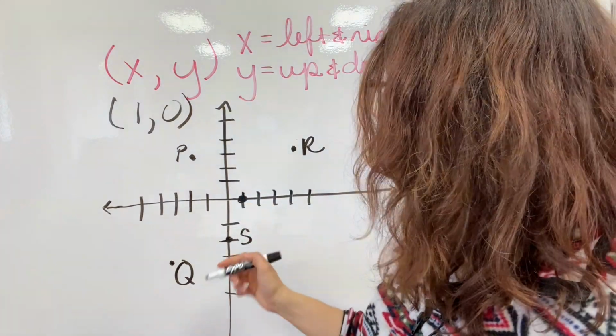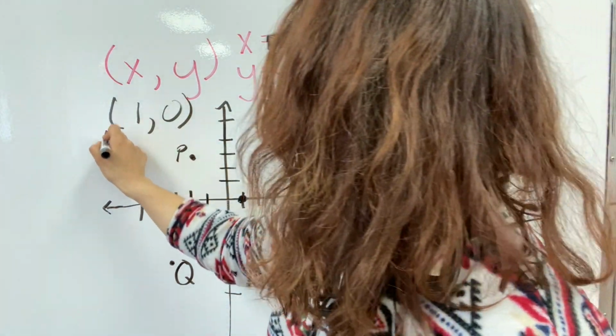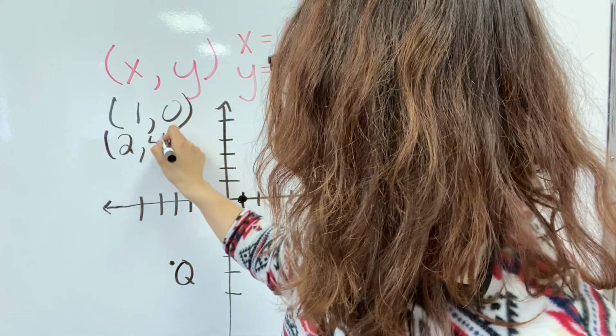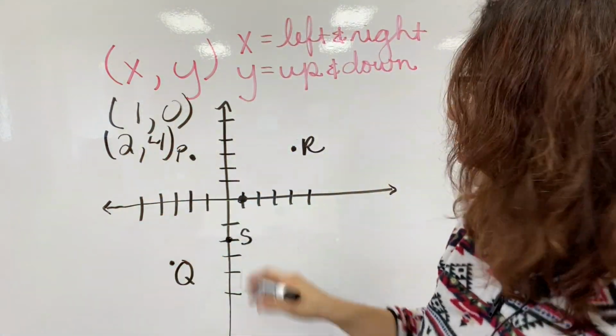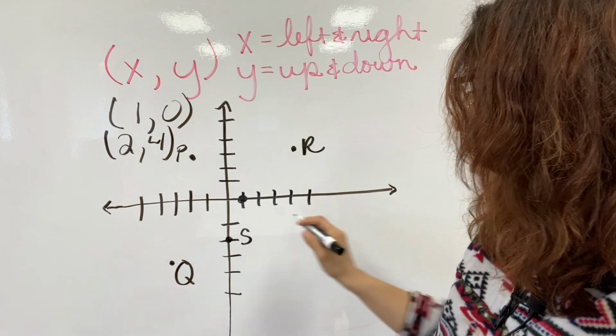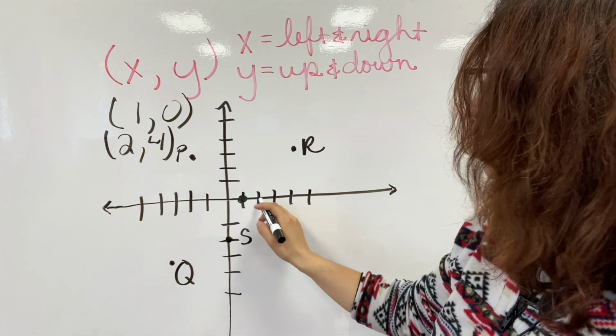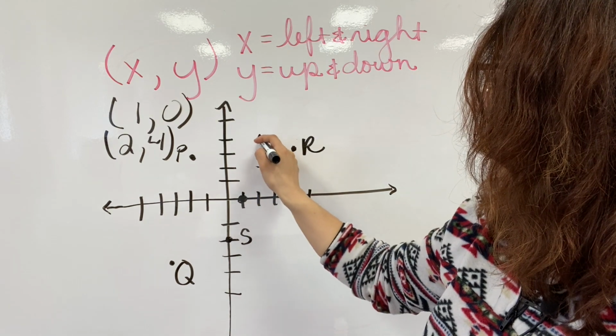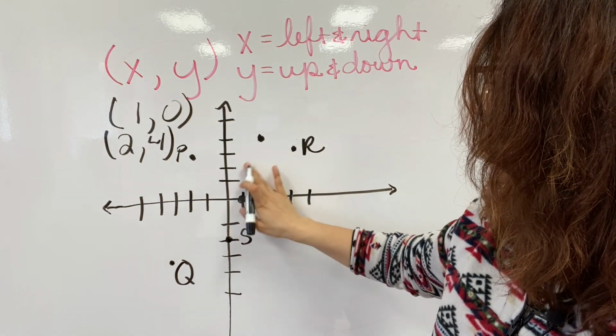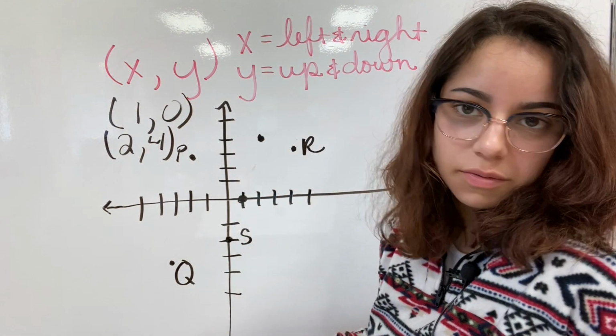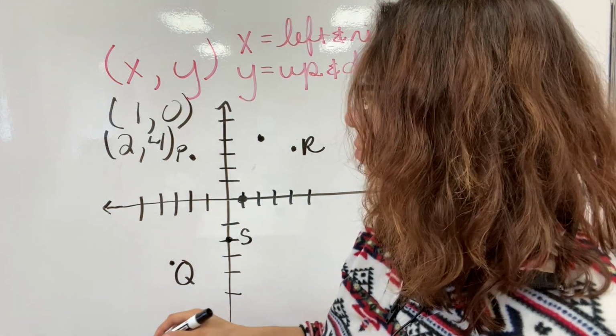If I were to do another number, like (2, 4), I would go on the positive side, 1, 2, and then up, because it's positive, up 1, 2, 3, 4. And this is where my dot would be. Let's do 2 negative numbers just for kicks and giggles.